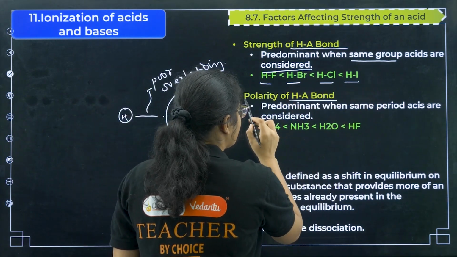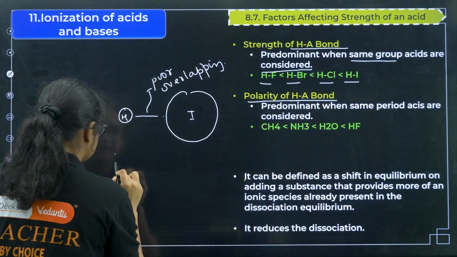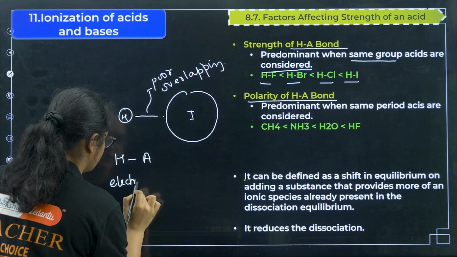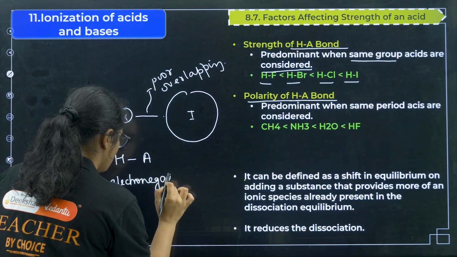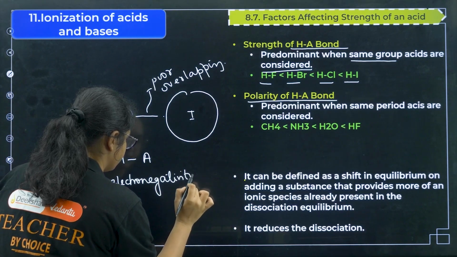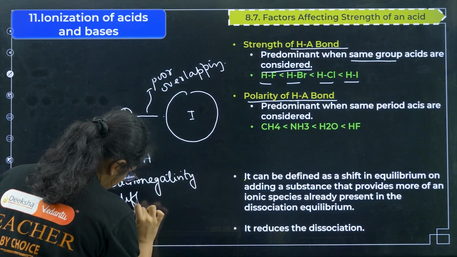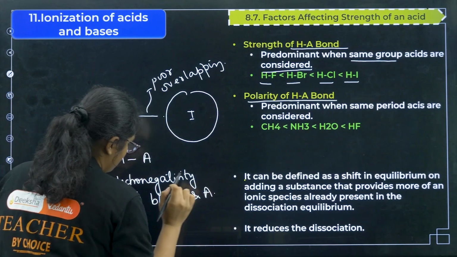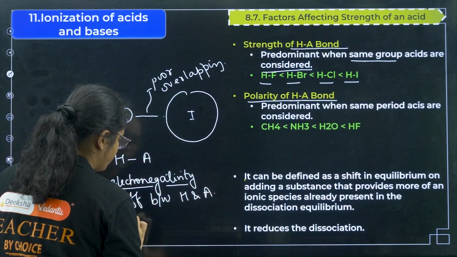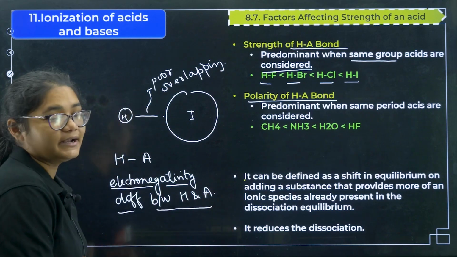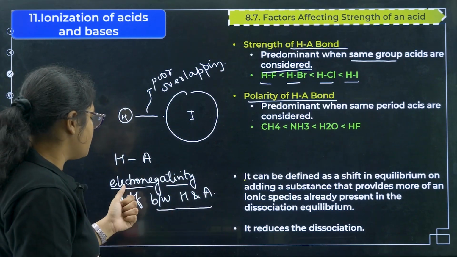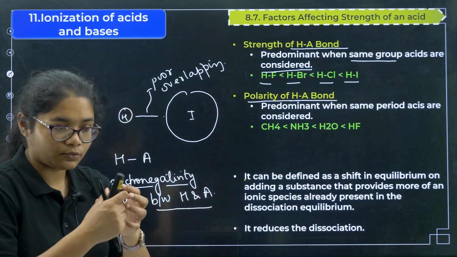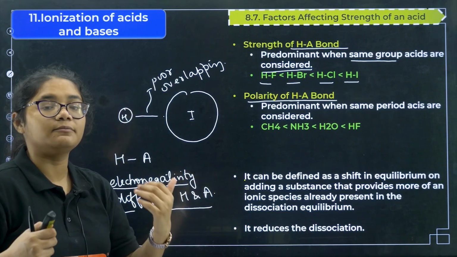Now, polarity of the bond means, suppose HA is there, polarity of the bond depends on the electronegativity difference between H and A. If the electronegativity difference is more, then the bond will be more polarized and it can break easily.